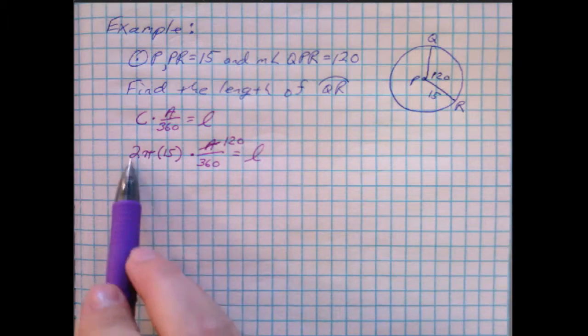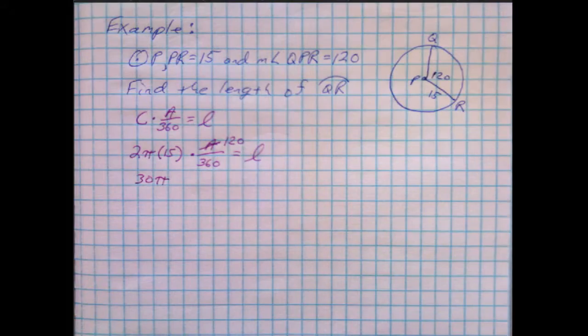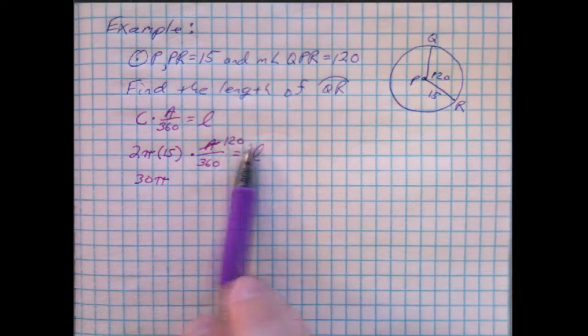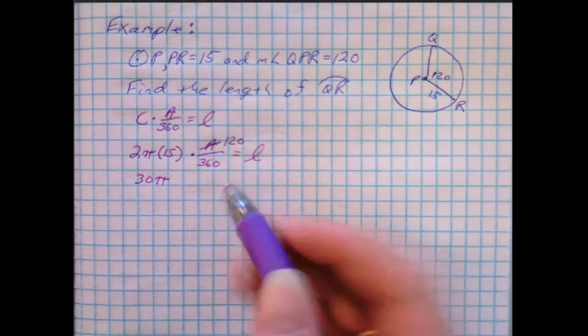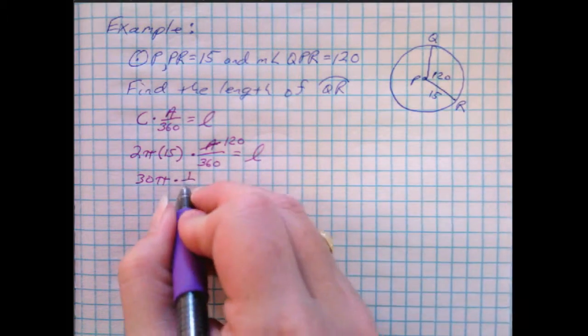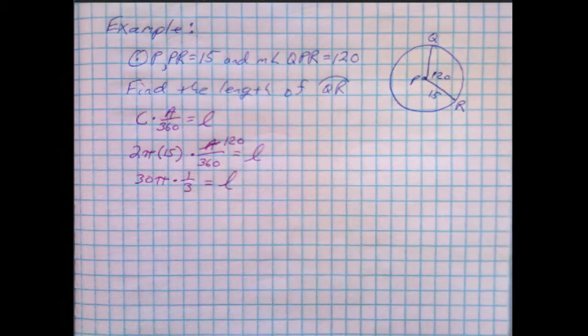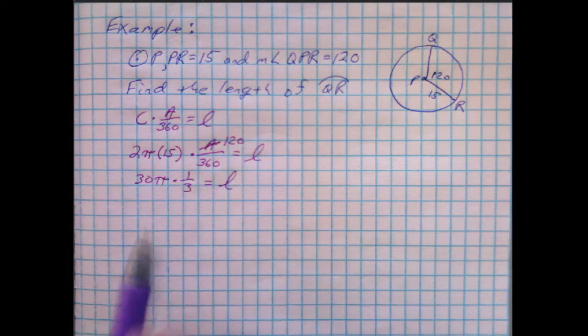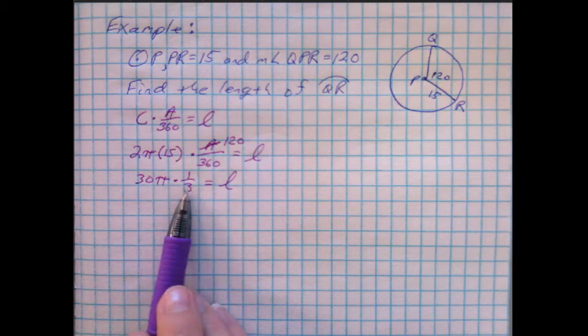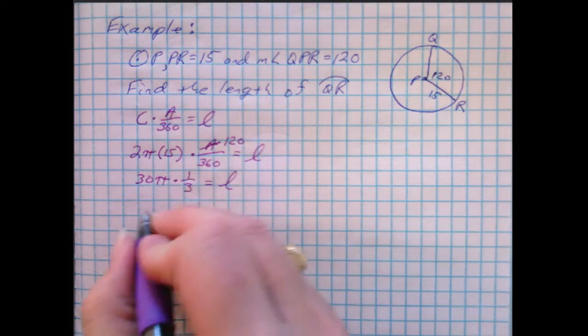So from here, I'm going to go ahead and simplify this. I have 30 pi times my 120 over 360, which reduces down to 1/3, equals L. Then I'm looking at this 30 and this 1/3. Well, 30 divided by 3 is 10.